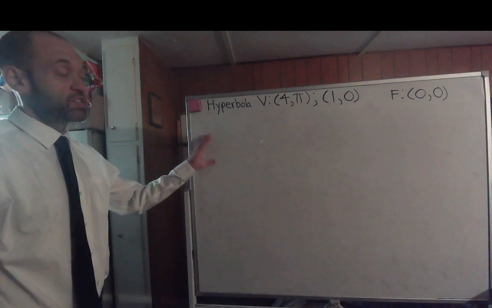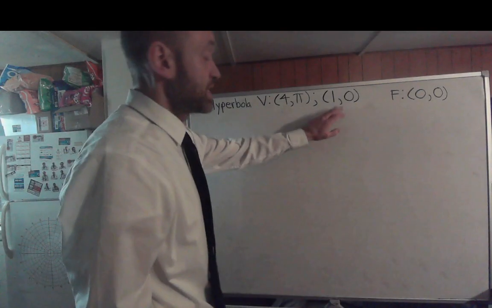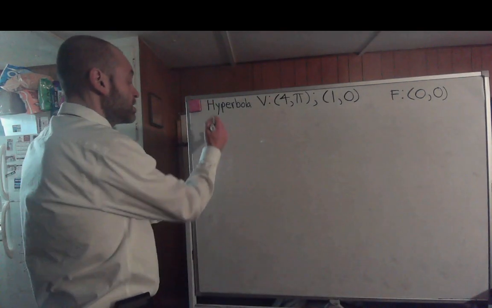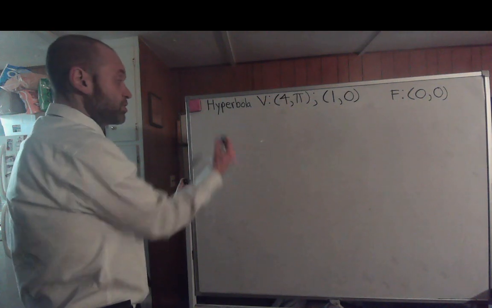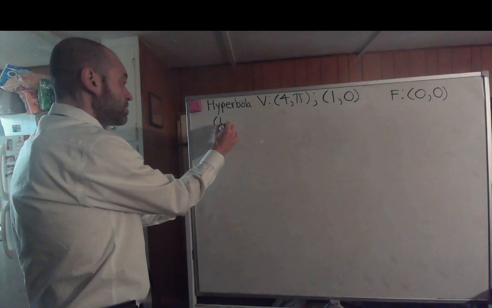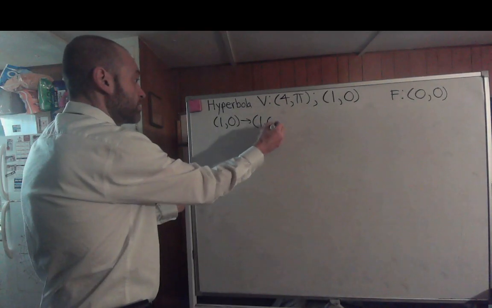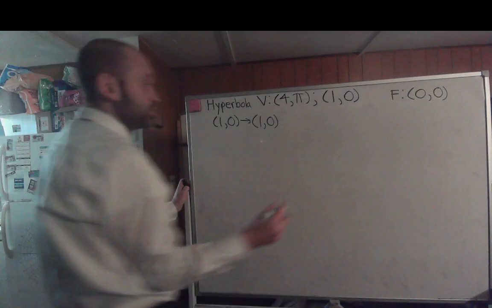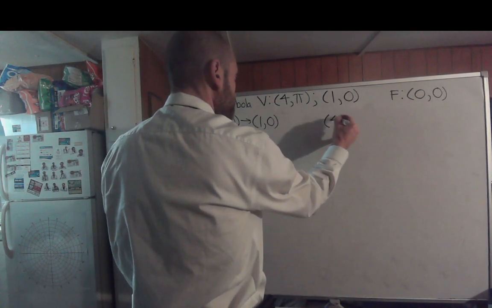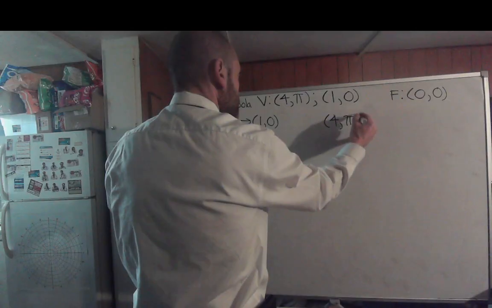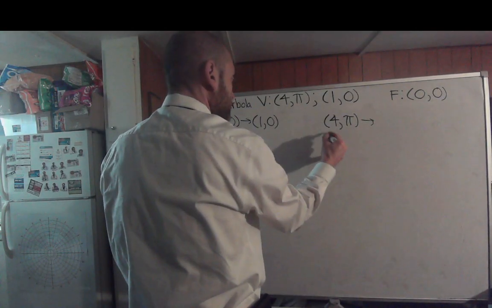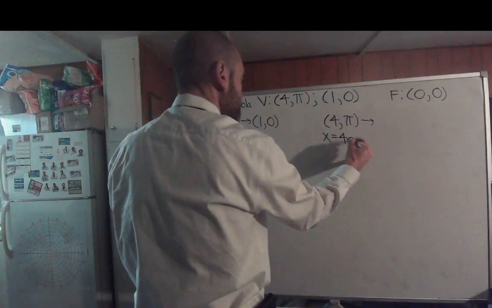Let's go ahead and start converting these into rectangular coordinates. Well, good news is (1, 0) stays the same. (1, 0) will stay the exact same in rectangular, but when it comes to the (4, pi), so x would equal 4 times the cosine of pi.